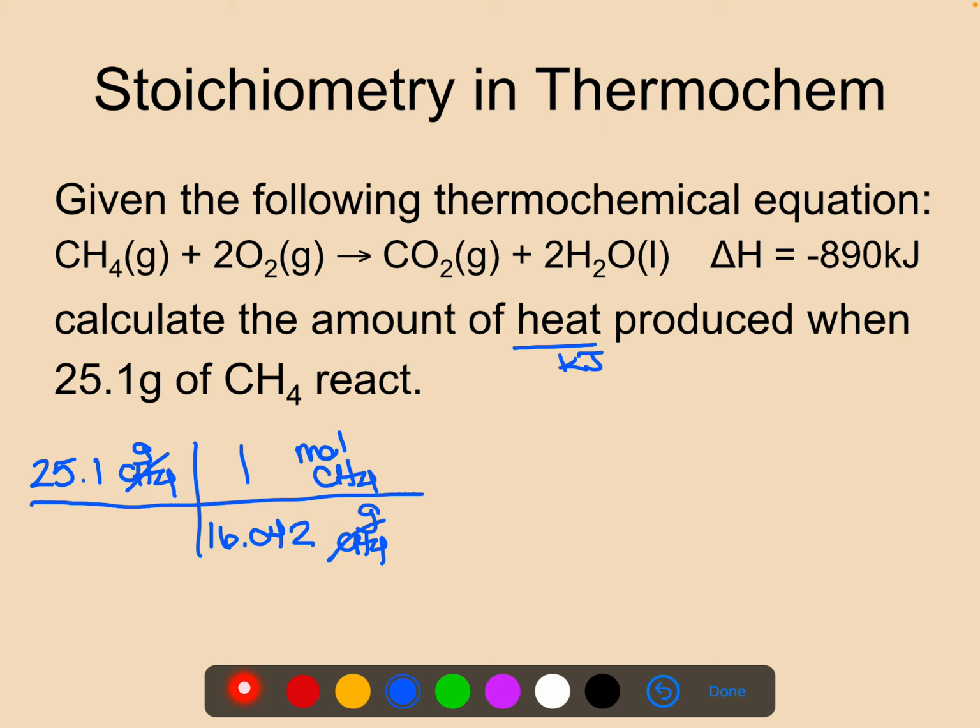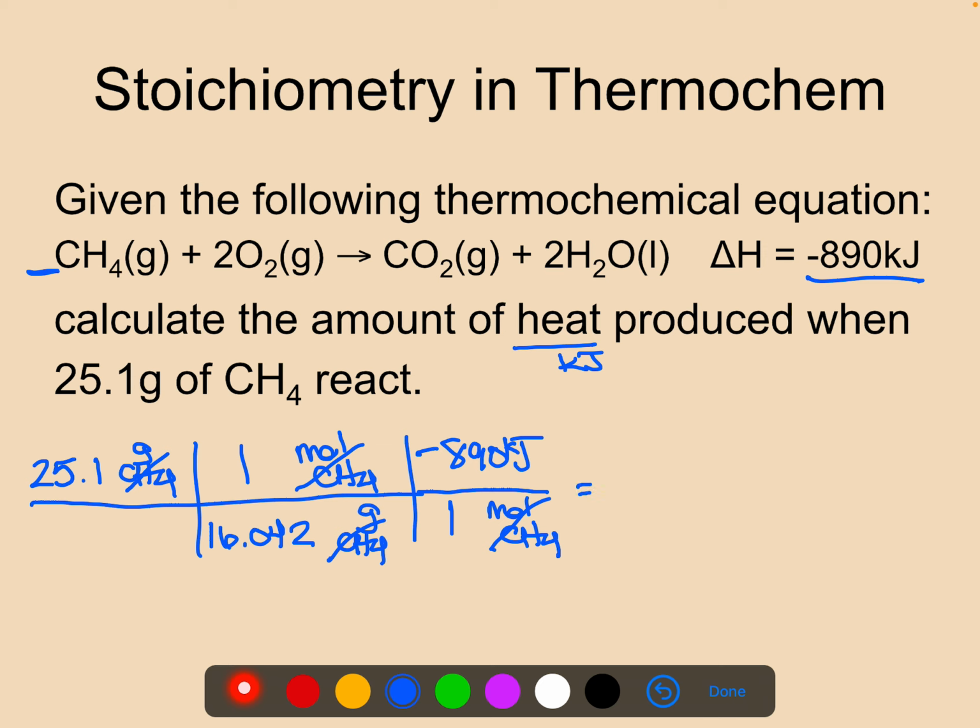Now we have moles of methane, but we're looking for kilojoules, so we have to get rid of moles of methane. In our reaction, there's 1 mole of methane, so that goes on the bottom, and that is per negative 890 kilojoules. Oh, excuse me, I forgot the K. So that is going to allow us to cancel out moles and give us kilojoules as written.